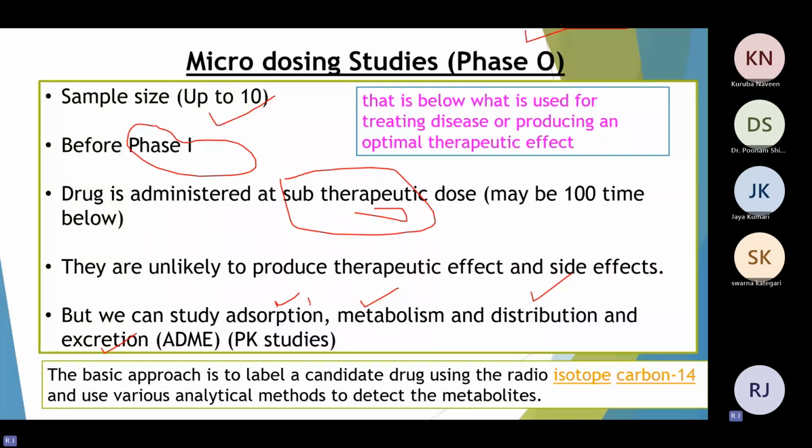So it's good that we test the drug in 5 or 6 people, and we give the drug at a subtherapeutic dose, so the subject will not have any side effects, and we can determine the PKPD also. So this is a good way to determine the actual pharmacokinetic property of a drug before going ahead with phase 1.